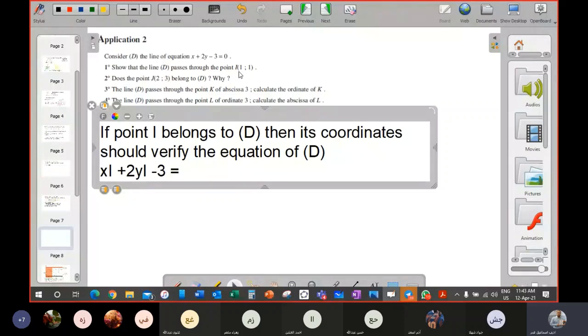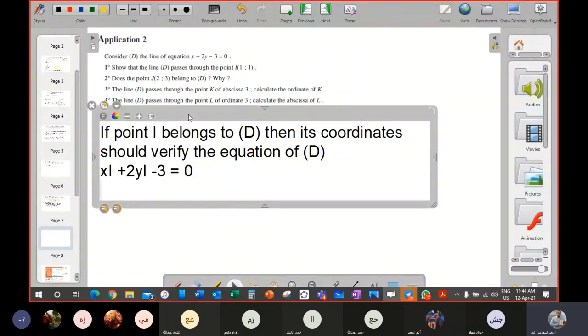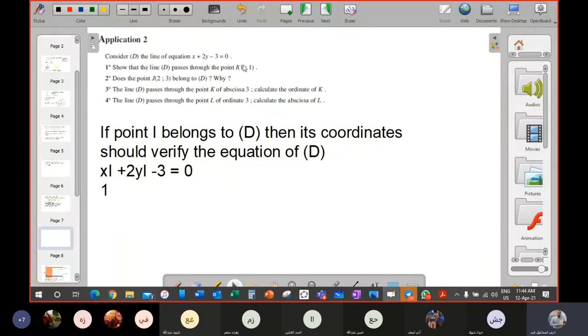And we check. What is xi, the abscissa of I? It is 1. Okay, this is what you see in front of you here. This 1 is xi, meaning the abscissa of I. And this one is what?